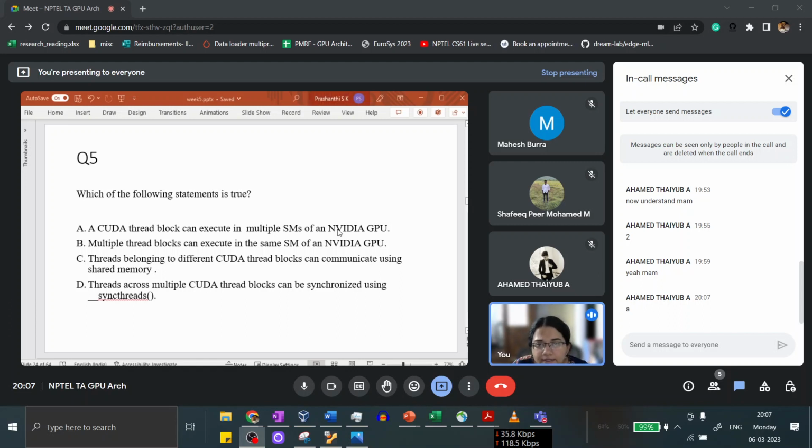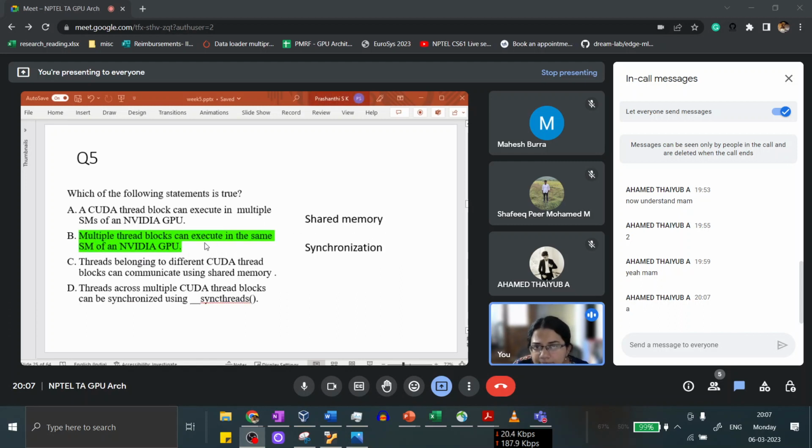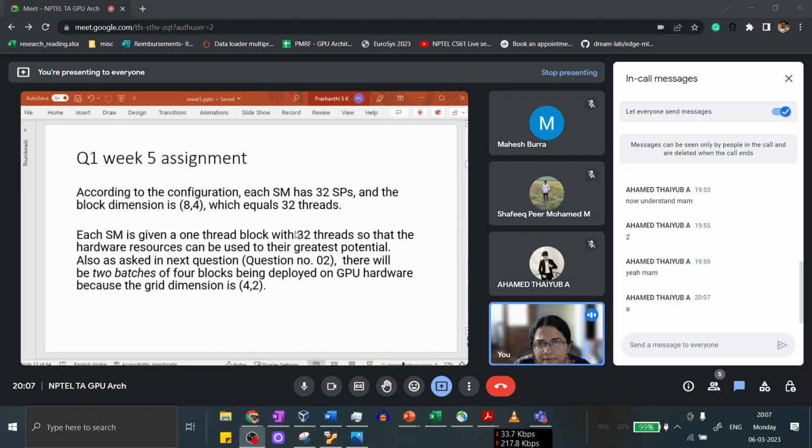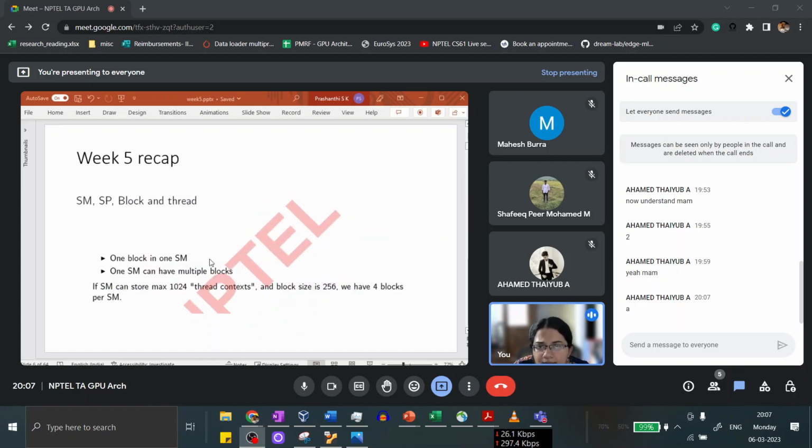Okay, let's look at the answer. It is B. Multiple thread blocks can execute in the same SM of an NVIDIA GPU. So, I think we already discussed at the very beginning that this is a constraint. One block can only be in one SM. You can't take a block and split it into two SMs, right?